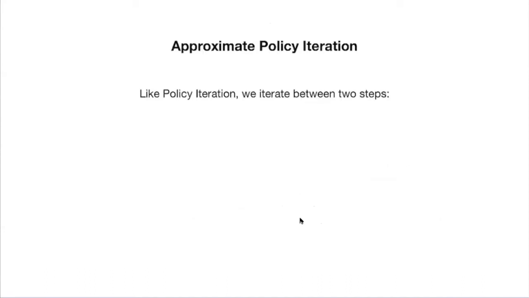All right, so at a high level, this algorithm just behaves like policy iteration. So we iterate between two steps. Let's try to find some function approximator from this Q class, something in our function class that can approximate Q pi t, where pi t is our current policy.